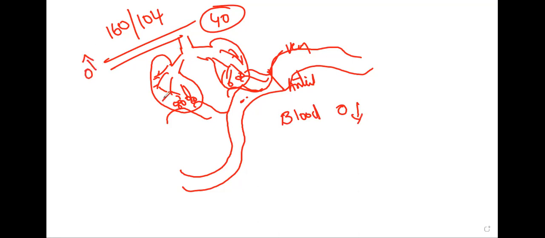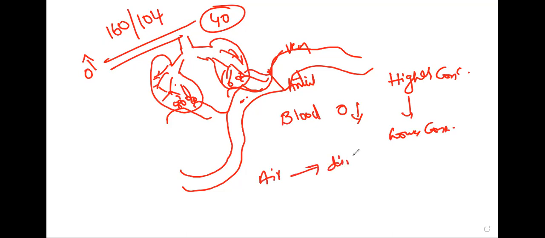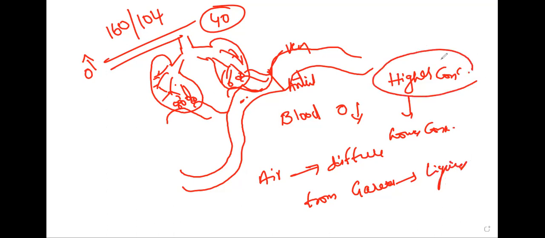So it is easy for oxygen to come from the lungs into the capillaries, because diffusion goes from higher concentration to lower concentration, from the gaseous state to the liquid state. Gas and liquid attach to each other, but there is one condition: from higher concentration to lower concentration.